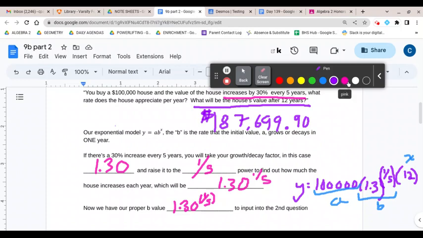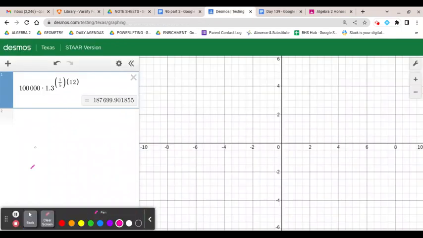And in case we forgot about the first part, what rate does a house appreciate per year approximately? The appreciation per year is just going to be your 1.30 to the 1/5 power. If we wanted to calculate just that, we could do that to get an approximation.